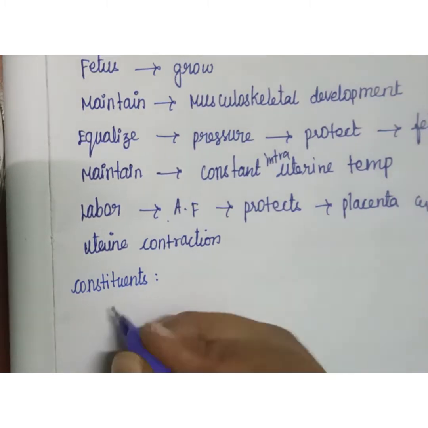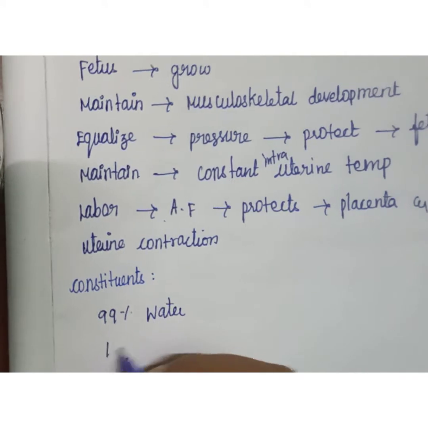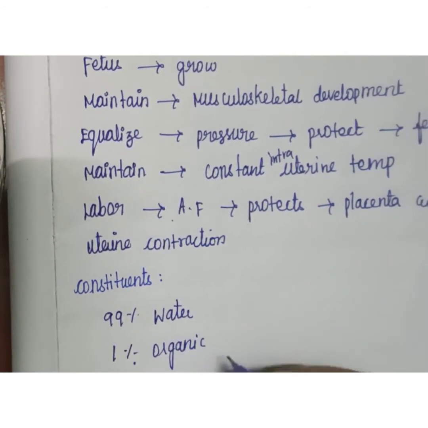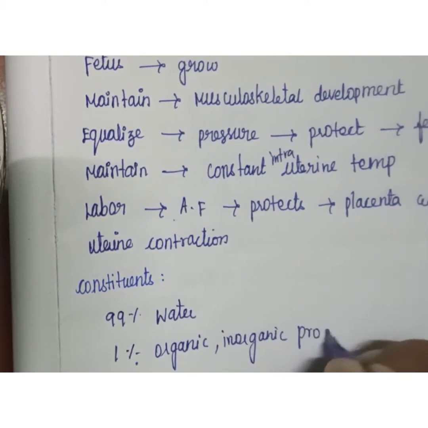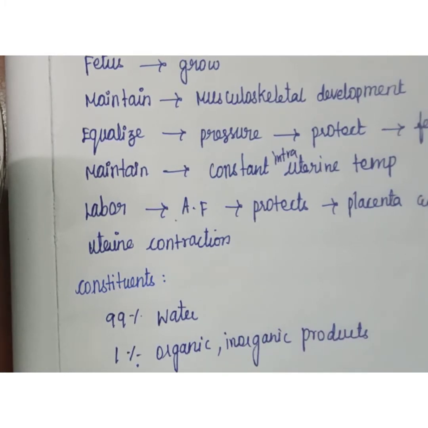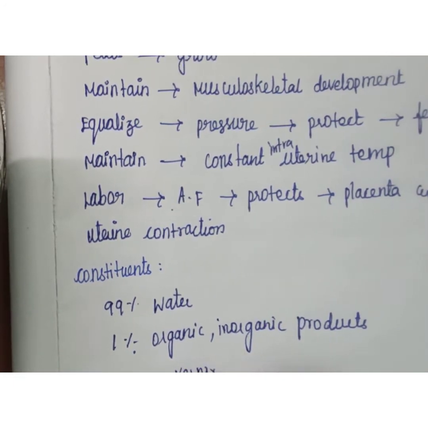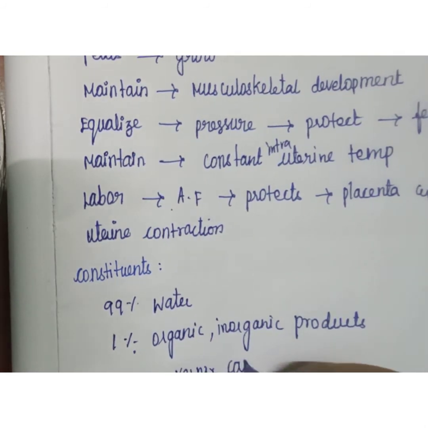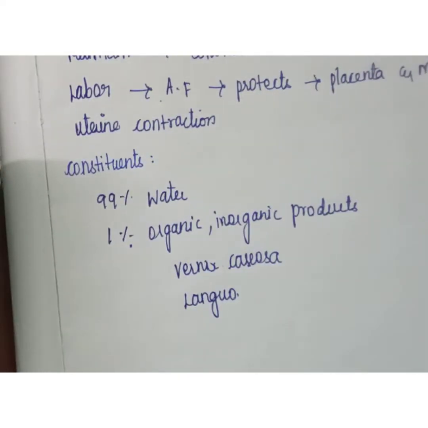It consists of 99% water and 1% organic and inorganic products, like vernix caseosa and lanugo. Vernix caseosa is a cheesy substance that lines the fetus's body parts, and lanugo is the fine hair present on the fetus. So these are the constituents.